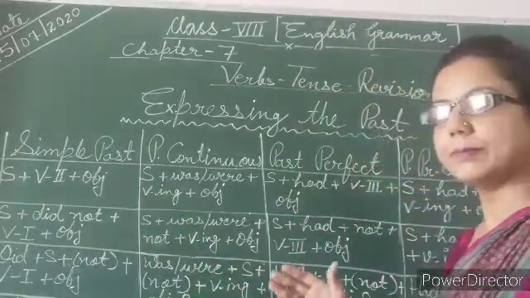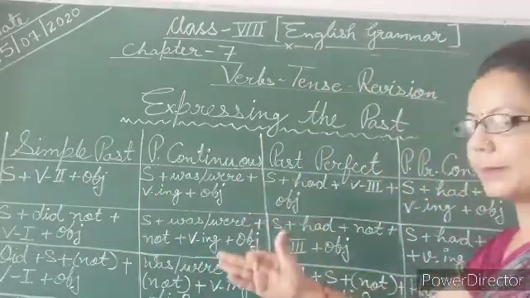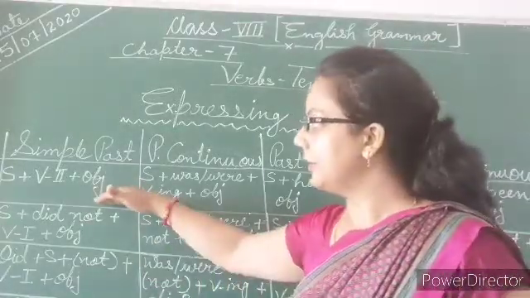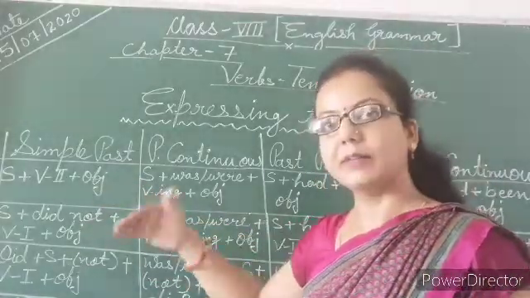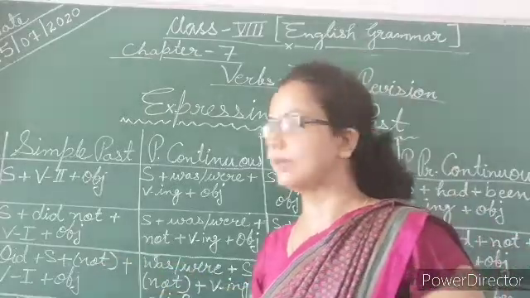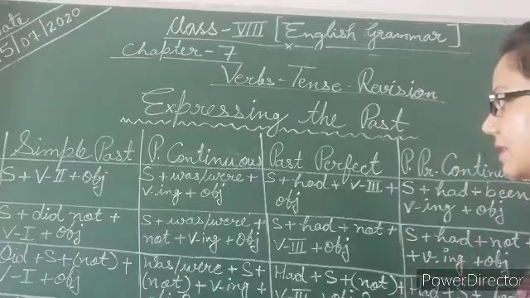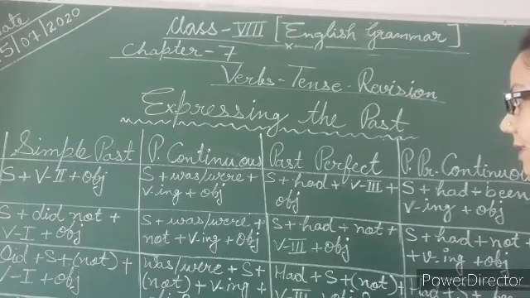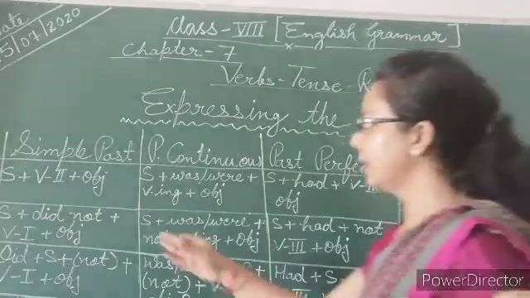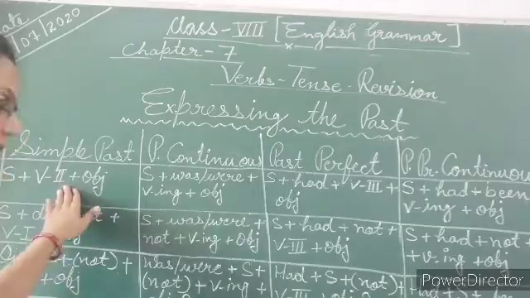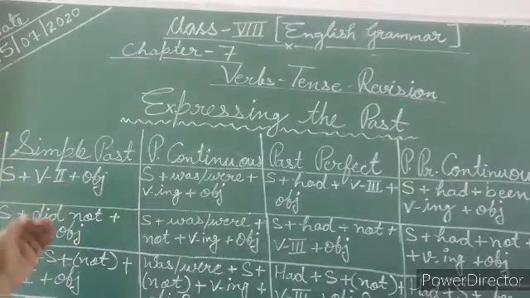Now for an example, just try to convert it from affirmative to negative and then to interrogative. The positive form is subject plus verb second form plus object. We can take a very easy example, the earthquake.